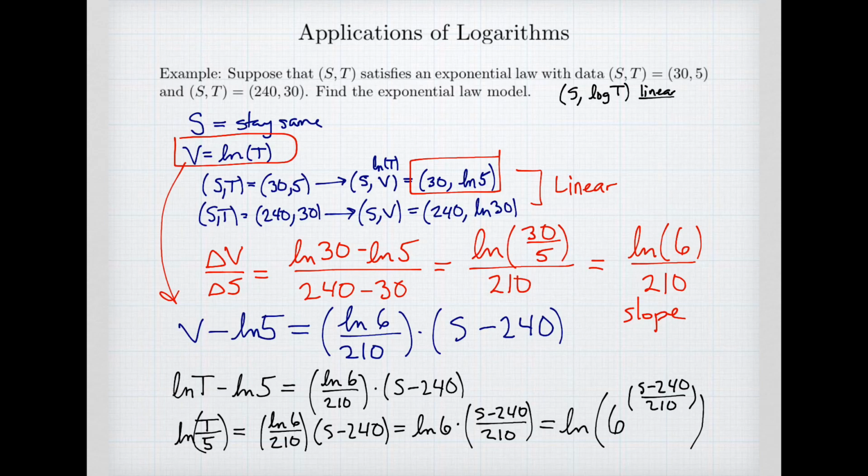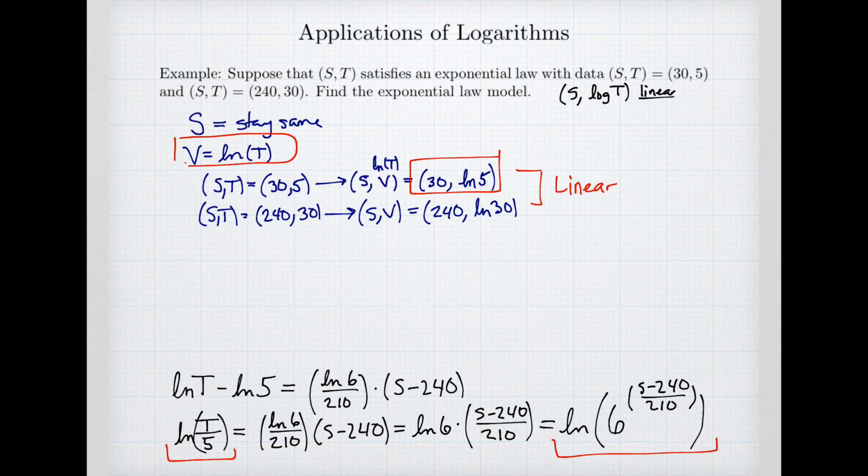Alright, on the left we have a logarithm. On the right we have a single logarithm. And so I can create an equation without the logarithms using the inverse, and that gives me my model. So I'm starting to run out of space. Let me get rid of some of the slope calculation.